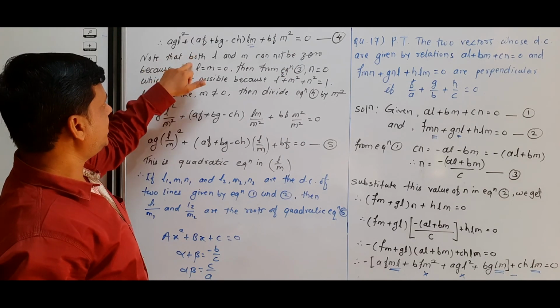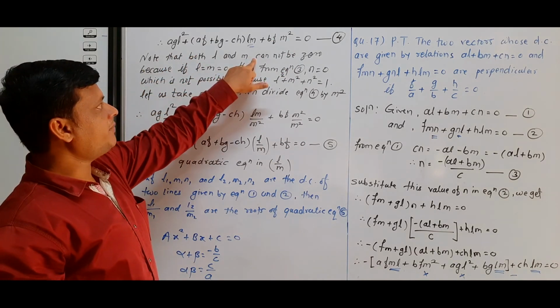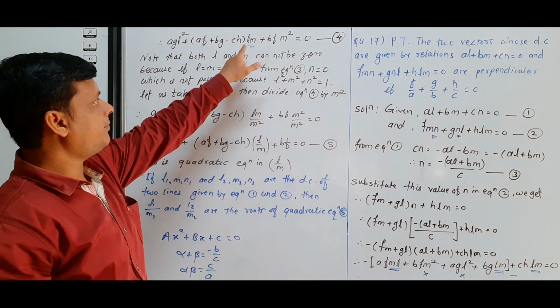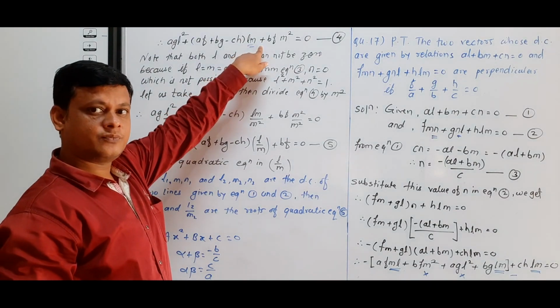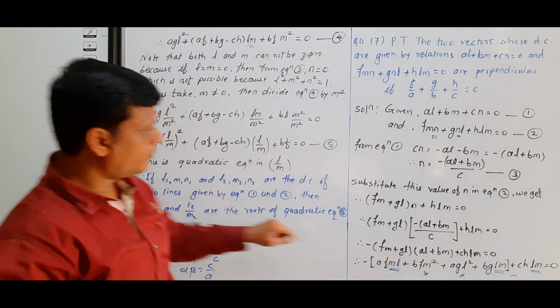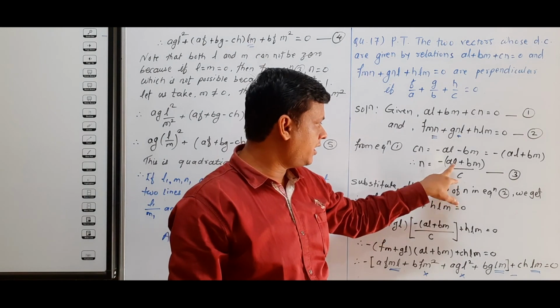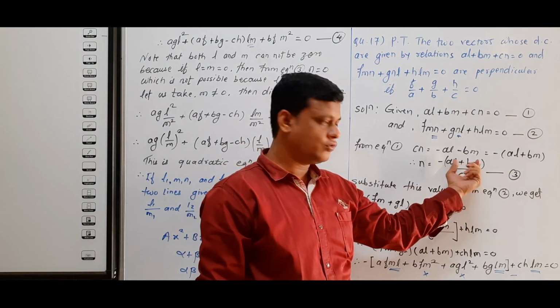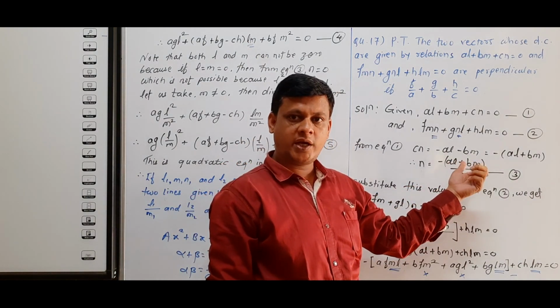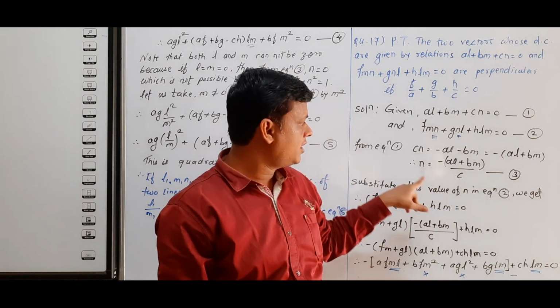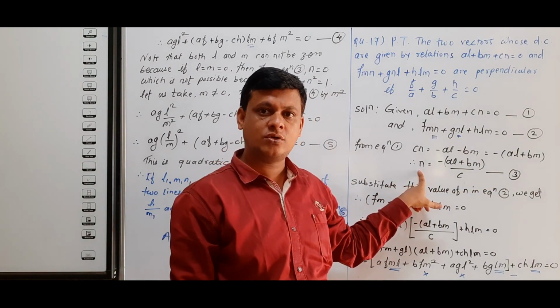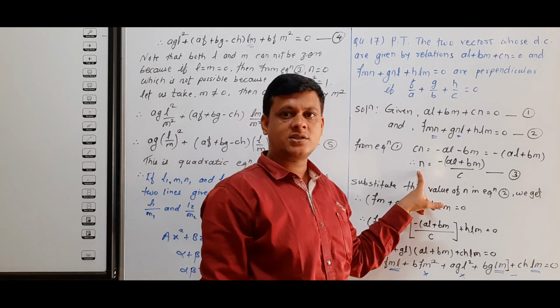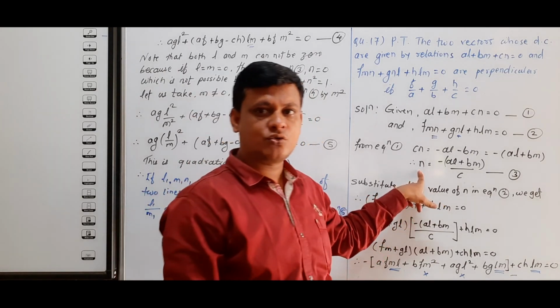Note that both l and m cannot be 0. Now see here, from equation 3, if l is 0 and m is 0, then in the numerator we get 0 plus 0, which is 0, and 0 upon any number is 0. That means we get n equals to 0. And we know the condition l square plus m square plus n square equals to 1.